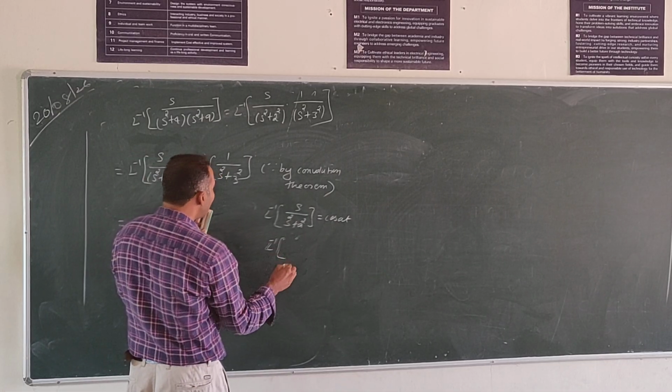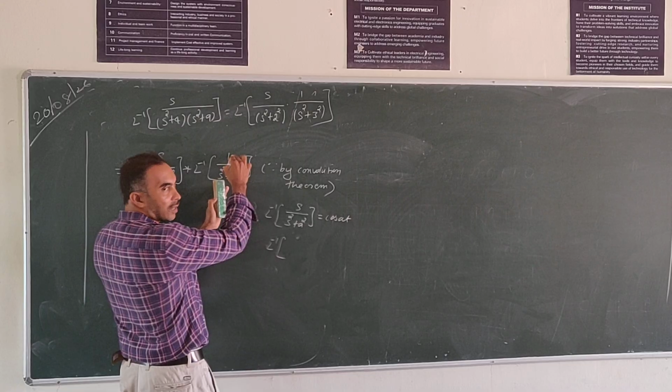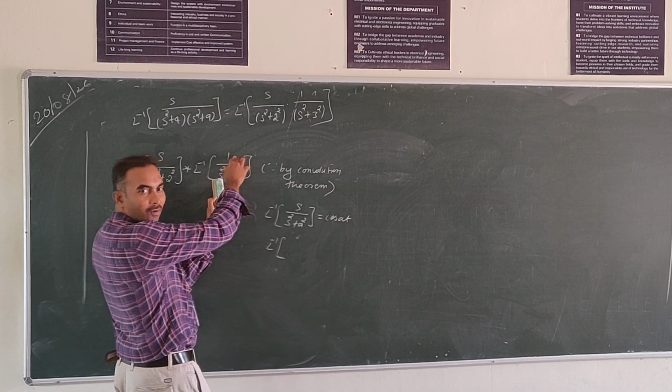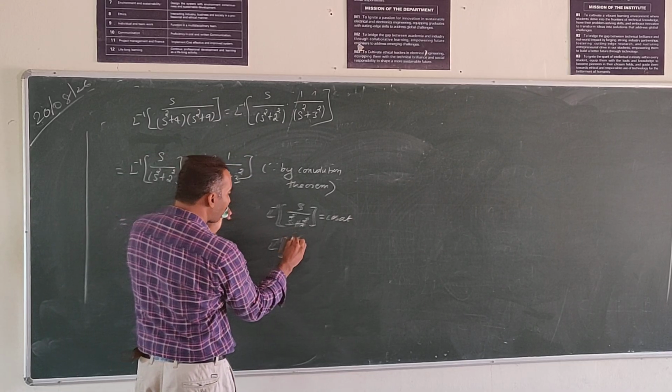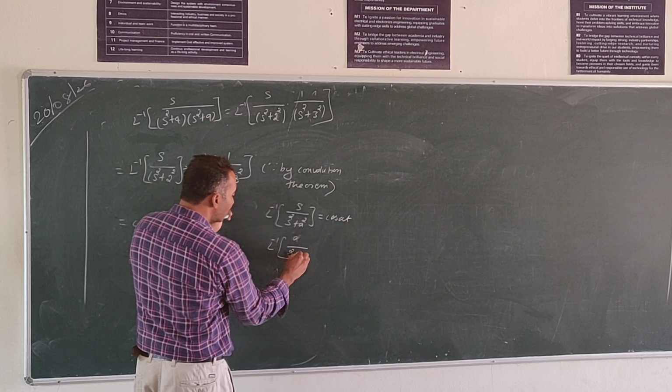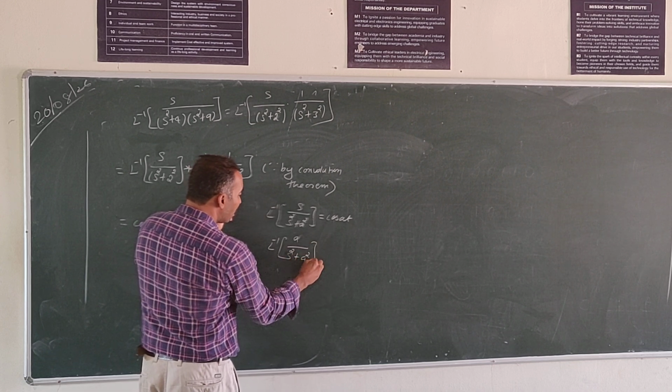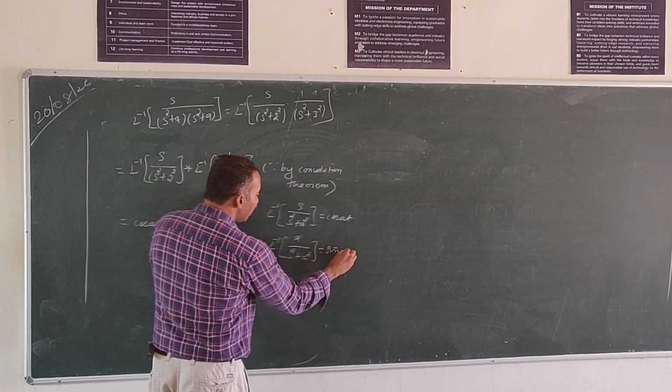Next, another formula is there. L inverse, here we have to write 3, because we have the formula A by S square plus A square equal to sin AT.